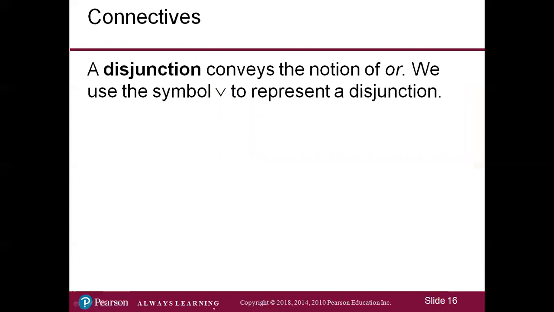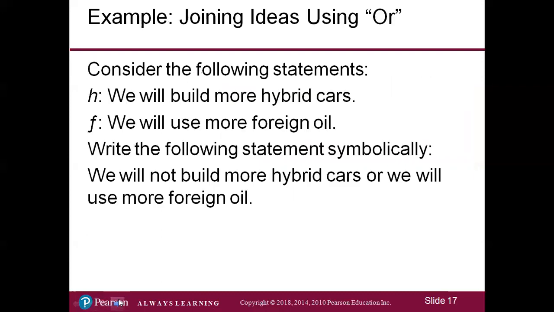Disjunction. A disjunction conveys the notion of or. We use the symbol of a V to represent a disjunction. Consider the following statements. H is the statement we will build more hybrid cars. F is the statement we will use more foreign oil.